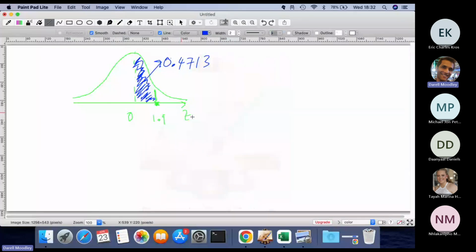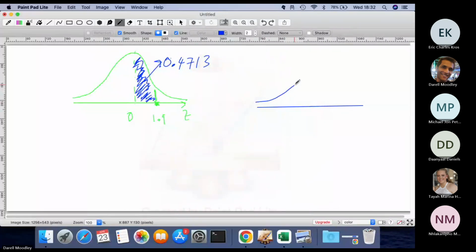What we have to do now is take our same curve, centered at 0, with the z-axis. Now we know the area.